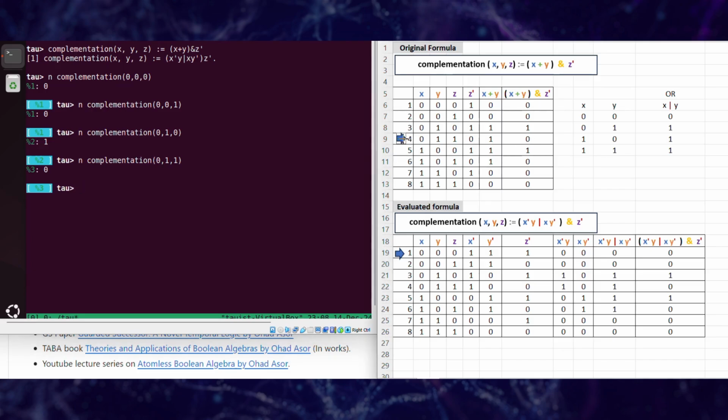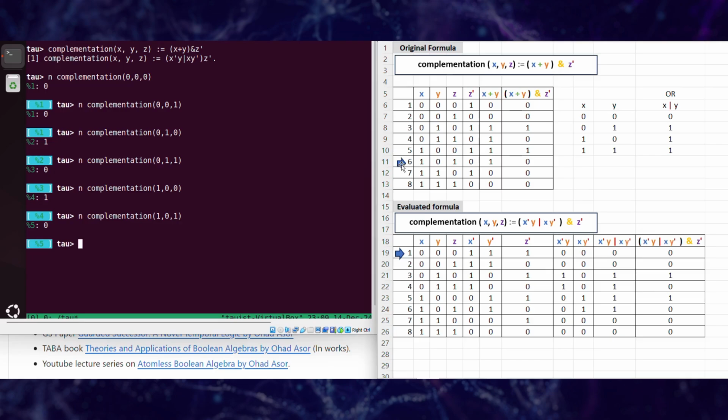Here. Next is 1, 0, 0, 1, 0, 0 is 1. Correct. Here. Let's go to 1, 0, 1. Should be 0. Good.